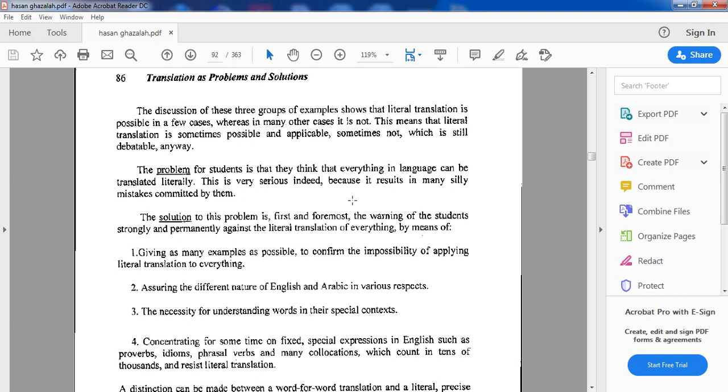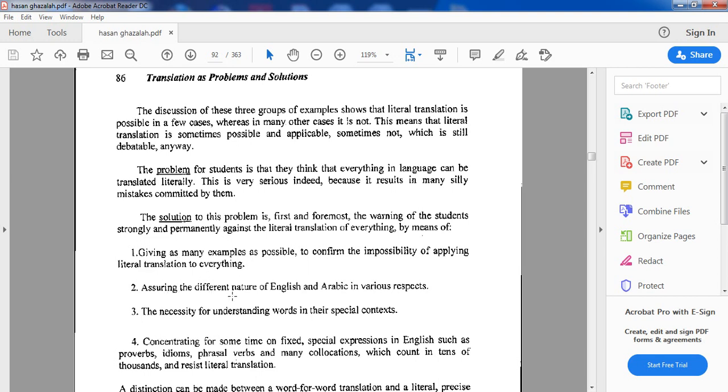First of all, giving as many examples as possible to confirm the impossibility of applying literal translation to everything. So just by reading as many examples as possible and trying to find their equivalents in English, you will be able to identify the idea that literal translation is, in most cases, unacceptable.